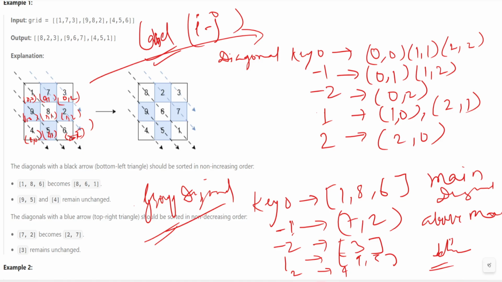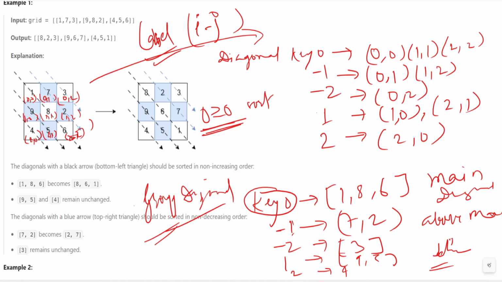Now what you need to do is apply a sort, right? If the key is greater than or equal to 0, it means we have to sort descending. Very first, this key we have to sort descending because the value is greater than or equal to 0.